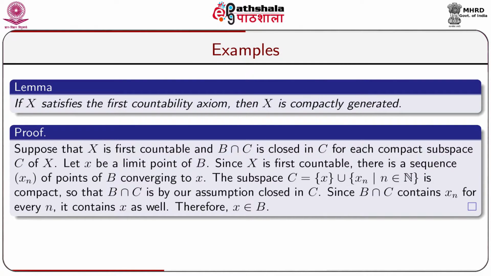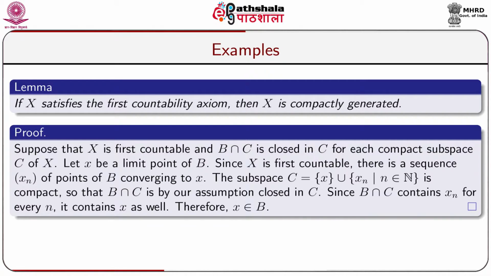Next, we prove that every first countable space is compactly generated. That means every metric space will be compactly generated.